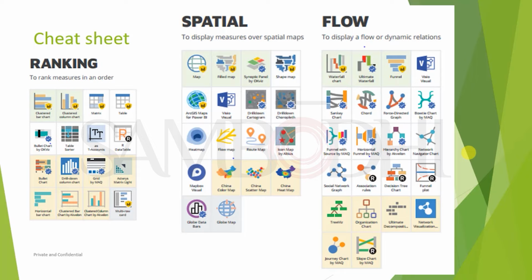Then there is a flow, or a dynamic relation, for example, a funnel, for example a sales funnel, where you work on lead to opportunity and then moving on to sale and then closing, servicing. So usually those stage based charts are the flow charts.